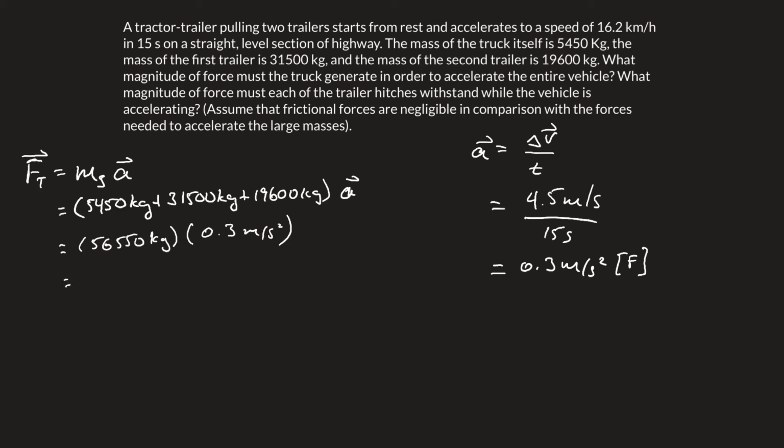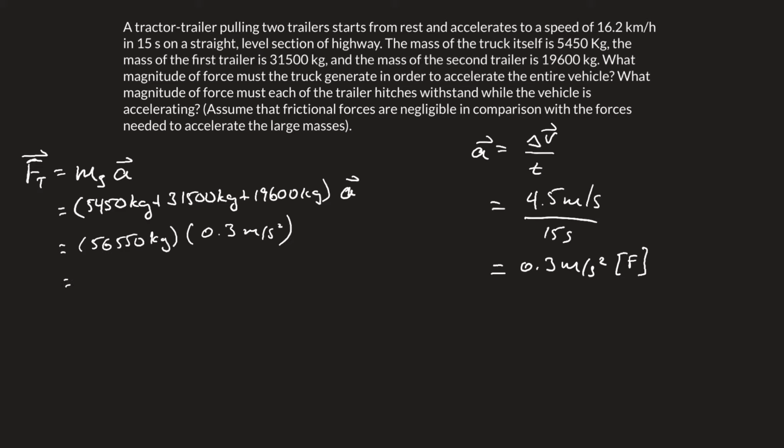Next up, we're going to solve for the force acting on B. So the F net on B, which is the second trailer, the one furthest away. If you remember from our free body diagrams, that was just the force of A on B. So how do we determine that? Well, the force of A on B is just going to be the mass of B times our acceleration.